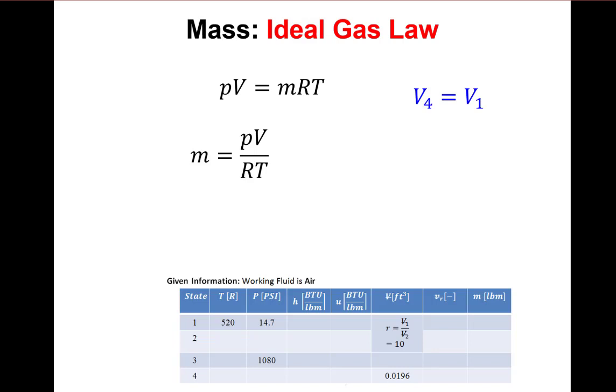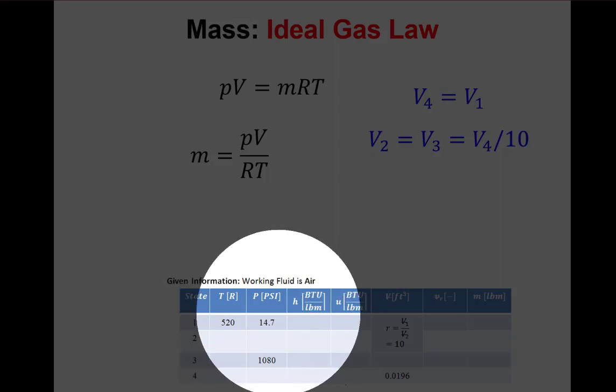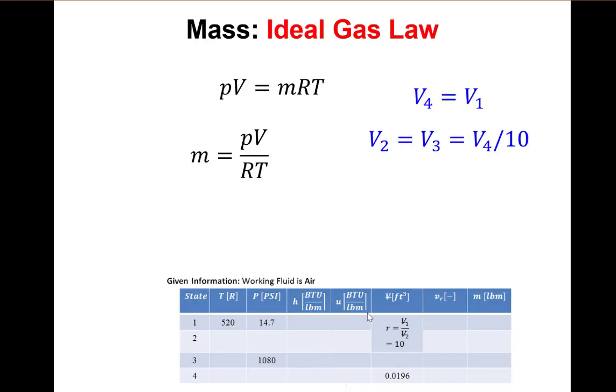So the volume here, which we were told is volume 4, and that's true, but that's also volume 1. So now I can use that to just get volume 1. So here at state 1, I know the temperature, the pressure, and the volume.